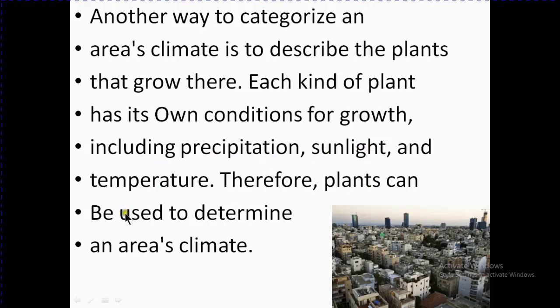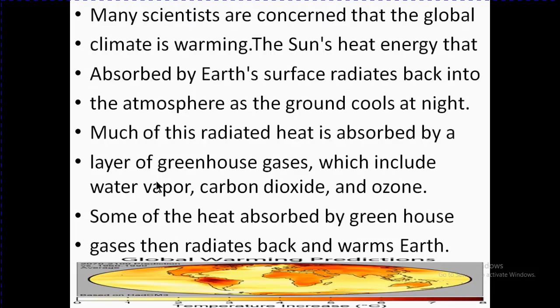Therefore plants can be used to determine an area's climate. They are also helpful in telling you about the area, because all plants are specific, they grow in a specific area, and they need a specific type of temperature. They have conditions to grow.